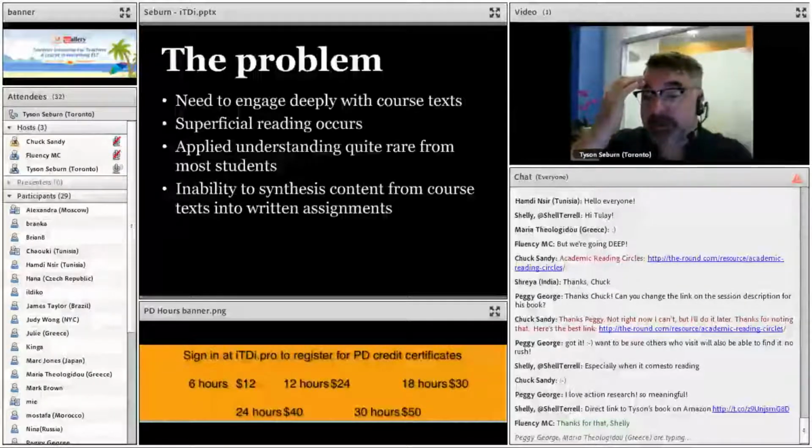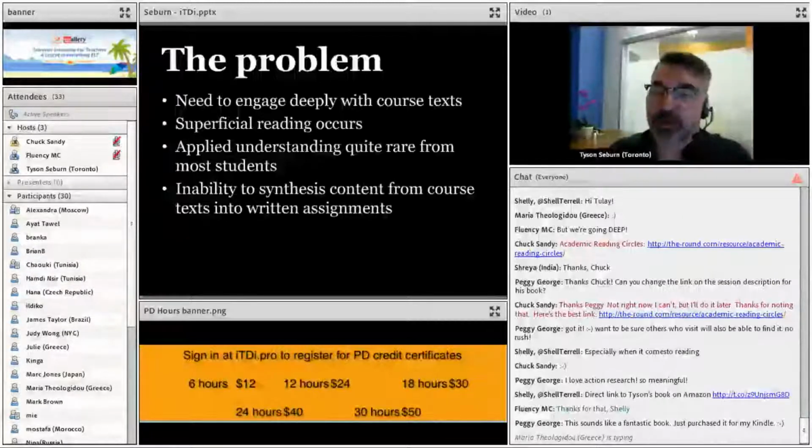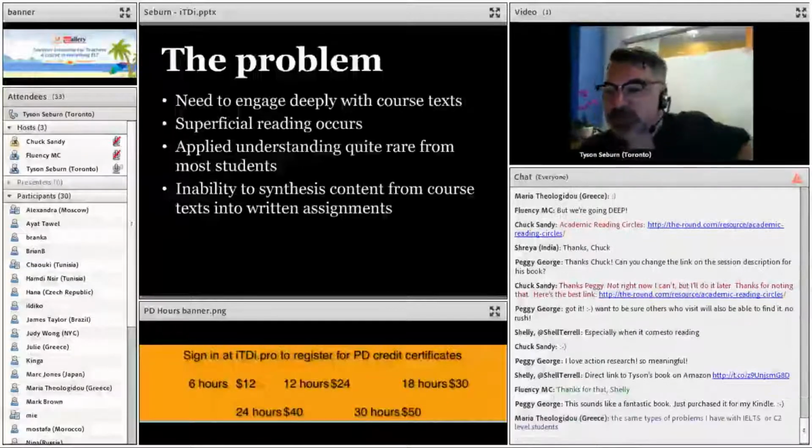Another problem in this case was that when they had multiple texts, they had some inability to pull content from the different texts and make connections between them in order to synthesize that content into their own writing. In their assignments, they need to take a topic, narrow it down, create an argument, and support that argument with research, and a lot of the students tend to stick at a very superficial use of those texts.